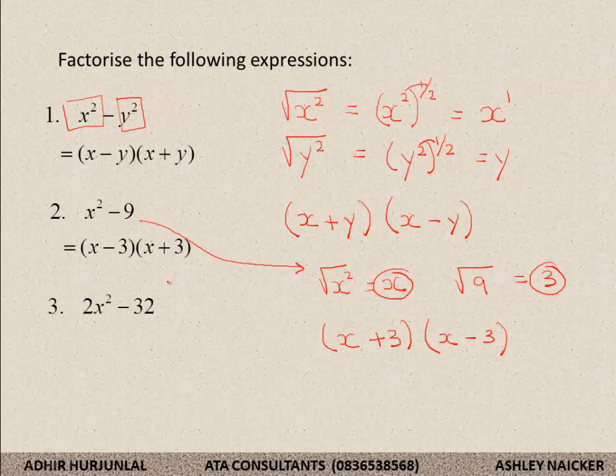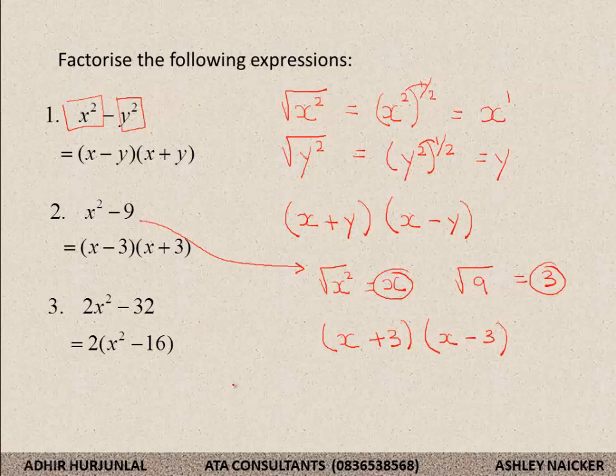How's that, guys? Are you getting the idea? What about 2x squared minus 32? The first thing that I notice over here is I have a 2, I have a 32, which means I can remove common factor. If I remove common factor, which is a 2, I'm left with x squared minus 16.